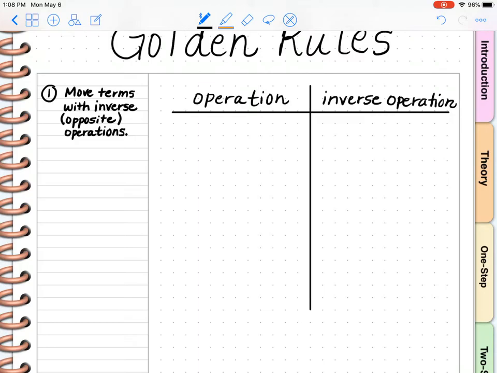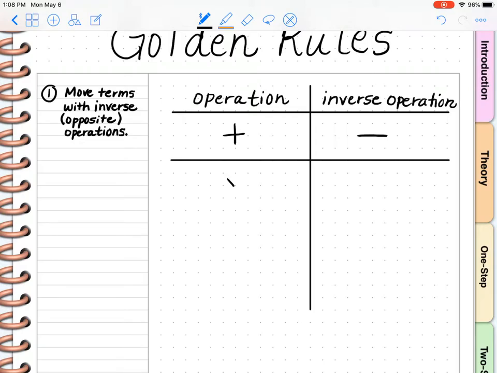And I'm going to use symbols here instead of words. So if the operation is addition, the inverse operation would be subtraction, the opposite. Okay, and I'm going to go ahead and divide this up with some lines just to keep this in order.